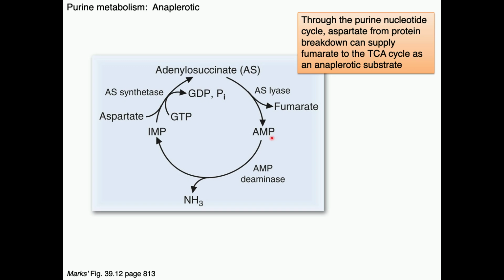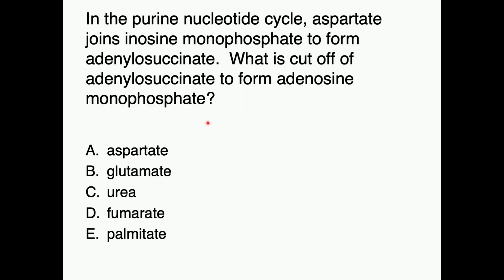This is that same reaction. In this case, it's used for de novo synthesis of the nucleotide rather than recycling. So this is that same question, and the answer is fumarate here.